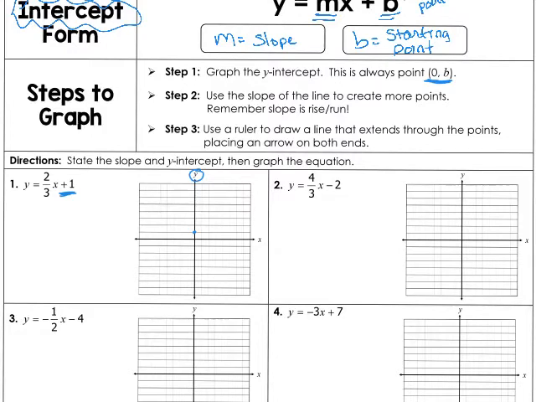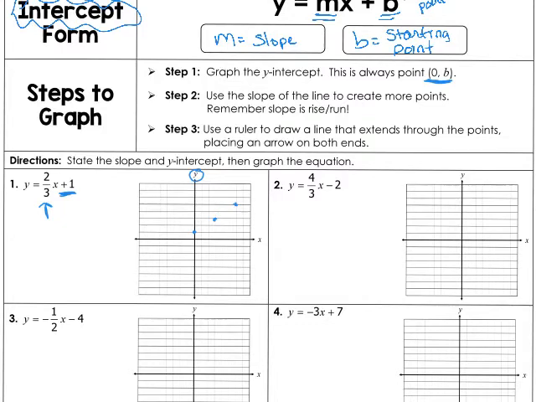Okay, after that, step 2, use the slope of the line to create more points. Remember, slope is rise over run. So our slope here is 2/3. From the starting point, we're going to go up 2, right 3. Up 2 to the right 3. Sorry, I'm just having a hard time seeing it.